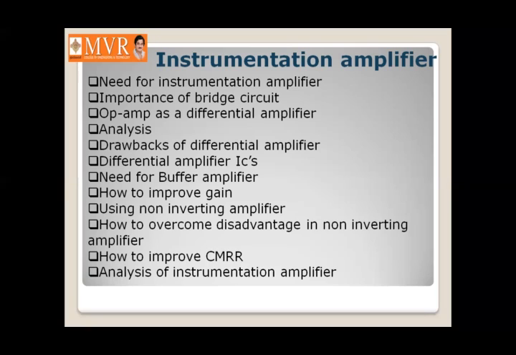We are going to study that resistor, the need for that resistor, and then we are going to see the analysis part of this final instrumentation amplifier. So in this class we are going to cover all these topics. In the next slide, we are going to watch a video on what we have discussed now, on all these points.